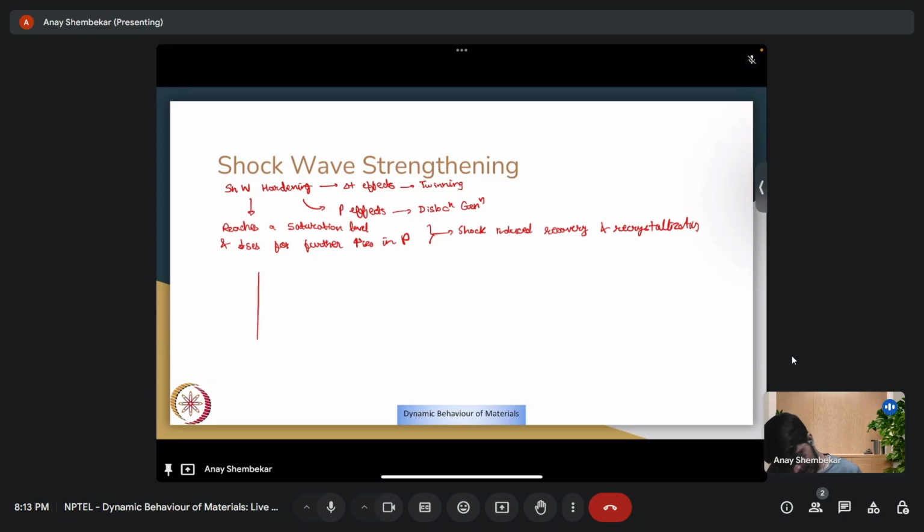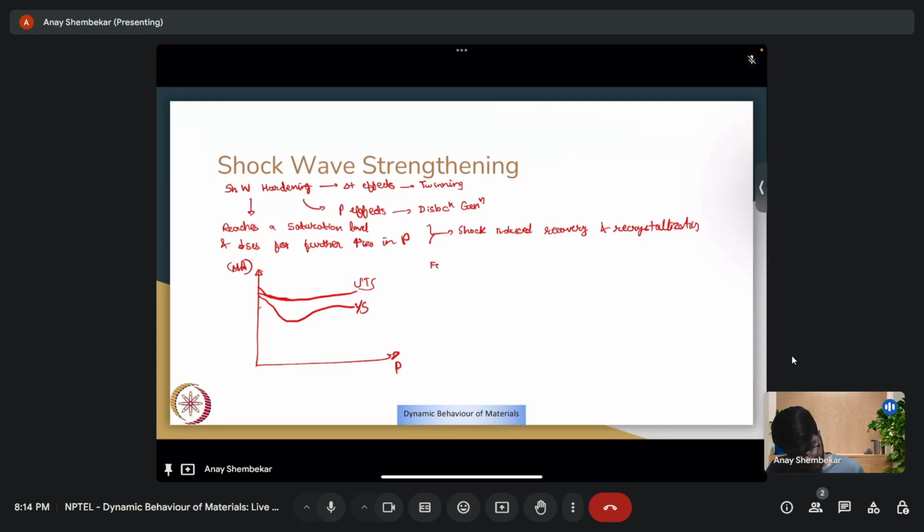So you have some alloys that look like, here I have shock wave pressure. So you could have an ultimate tensile strength like this and a yield stress that goes like this.